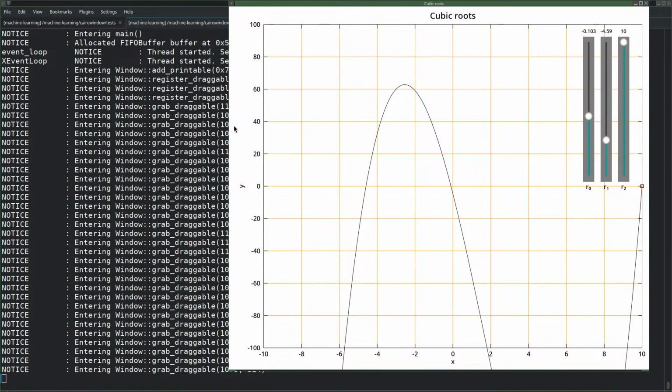So for a monocubic, calculate x maximum. We calculate x minimum. And we calculate value at x maximum. And we calculate value at x minimum. And we calculate the value at 0.